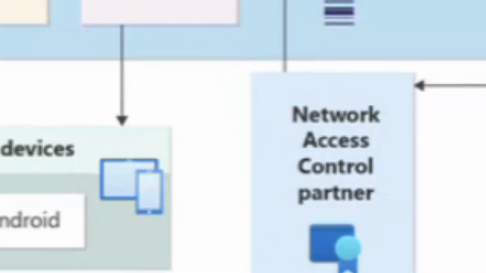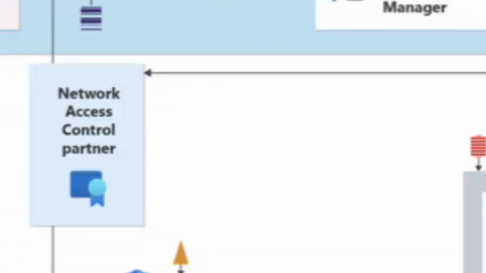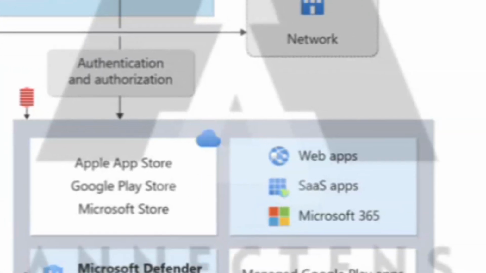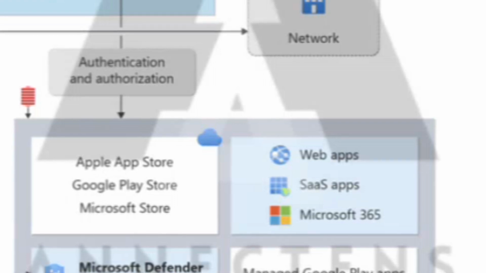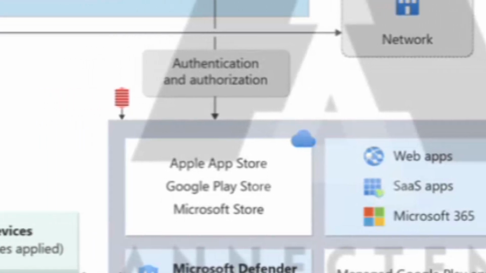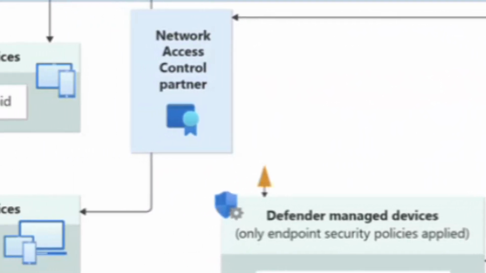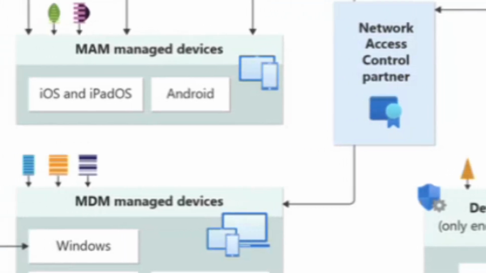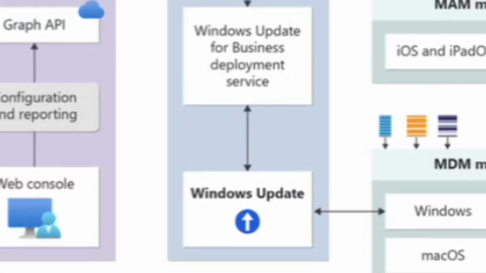Okay. Network and authentication. What it does is it controls network access based on device compliance. Okay. And authentication and authorization, if it is ensured that your device is verified with the right access, you will get authentication and you will get access to further resources. Update and reporting.